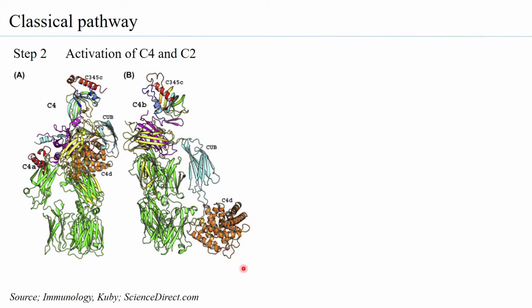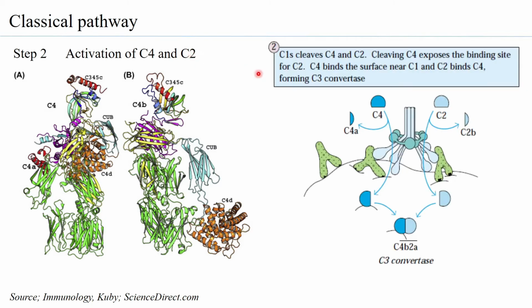Of the 2 domains that are exposed, and there are other small domains also exposed, one domain will help C4b bind to the membrane of the pathogen, because it is very close to the C1 complex. So the C4b can also bind to the membrane of the pathogen. That is one domain's activity, and the other domain is able to recruit C2. So that is the next component in the classical complement pathway.